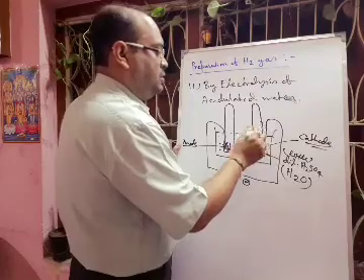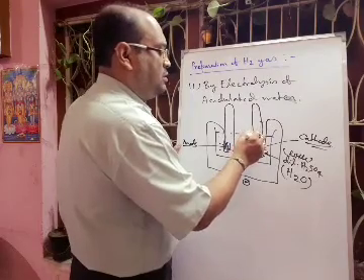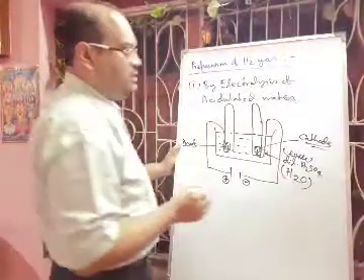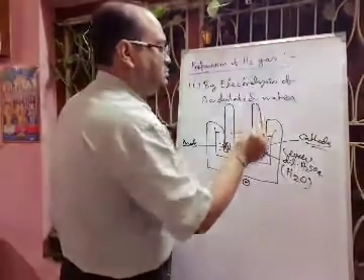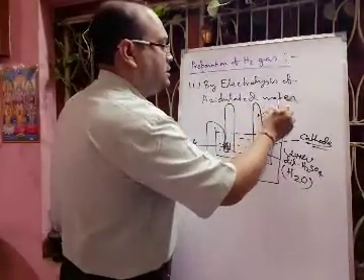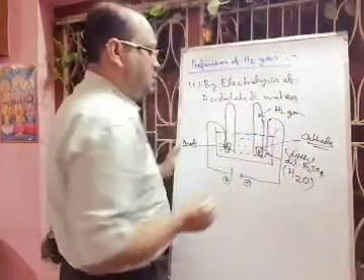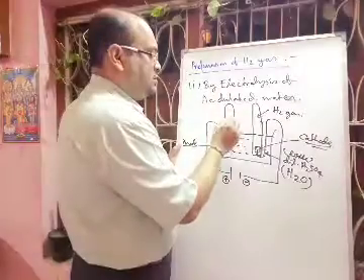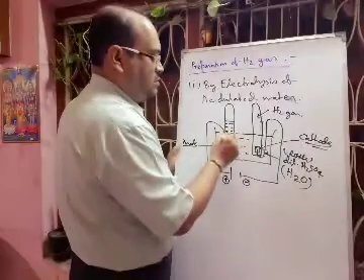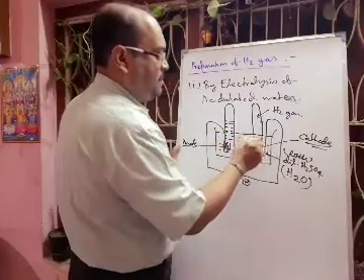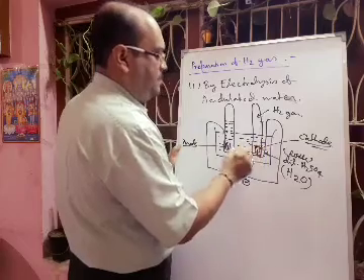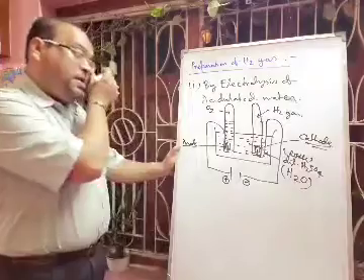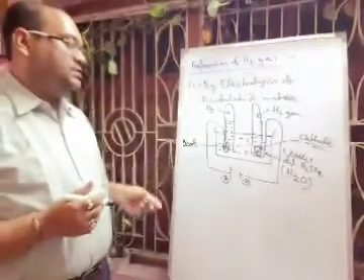So at the cathode there will be hydrogen gas, so inside this there will be hydrogen gas, and at the anode there will be formation of oxygen gas. Now you have to understand this is a redox process.